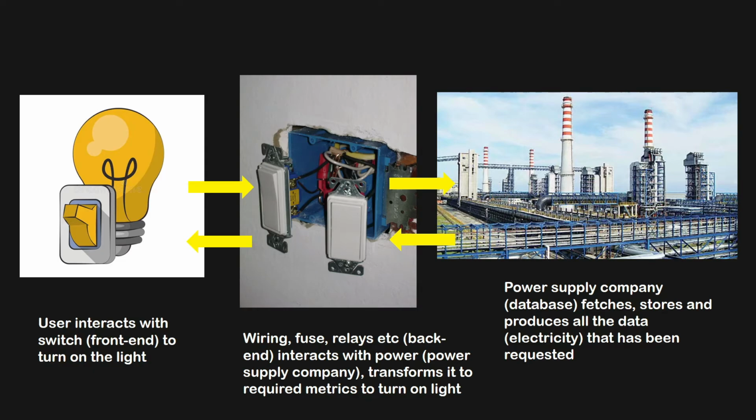But behind the switch is a whole lot of wiring and relays and fuse boxes and all that stuff, some red green cables and metals and conductors behind the switch. Okay, and these things are what makes it possible. It processes the power that is being supplied from the power company and makes it possible for you to see your light. So these switches are sort of connected to your power company in some way with the main wiring of your house.